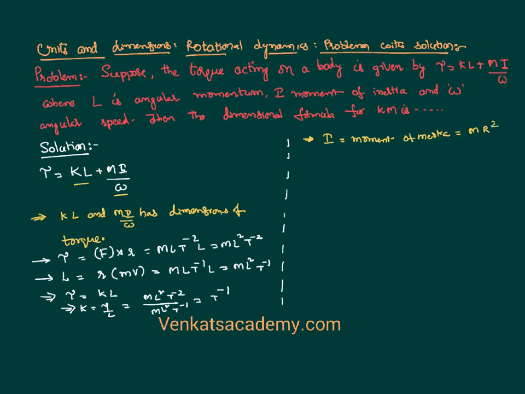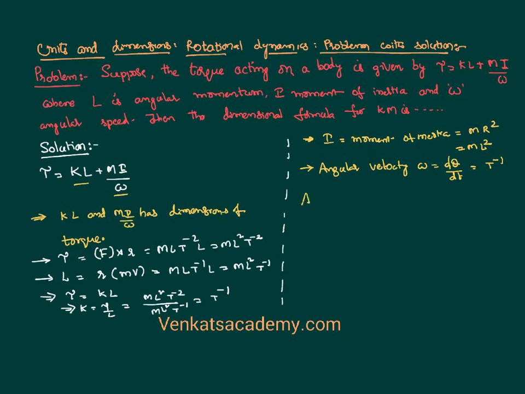In terms of dimension, simply M, and r is nothing but L square. We also have angular velocity omega, which is defined as d theta by dt. D theta is the angle that won't have any dimension. So by time, it only has the dimension T power minus 1.